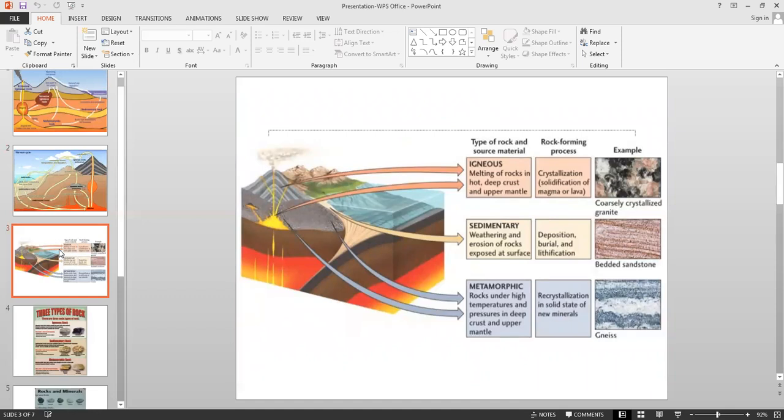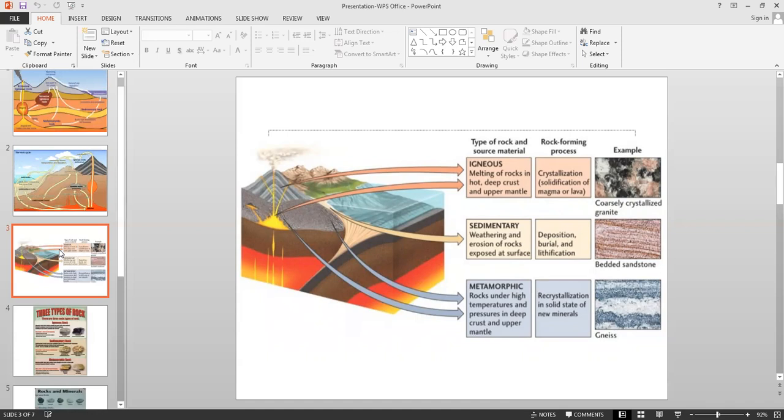Through the various processes, we are able to get some examples of these rocks. The igneous rocks mainly form from the melting of rocks in the hot and deep crust and upper mantle.